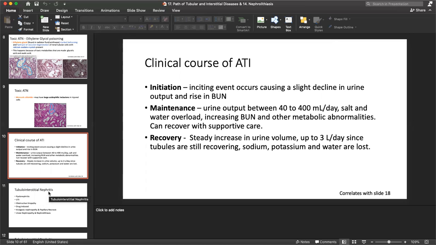And then recovery is going to be a steady increase in urine volume, up to 3 liters a day, because now our tubules are recovering, and there's going to be sodium, potassium, water loss. So we first start out with a slight decline, then we go to super low urine output, and then we go to high urine output.